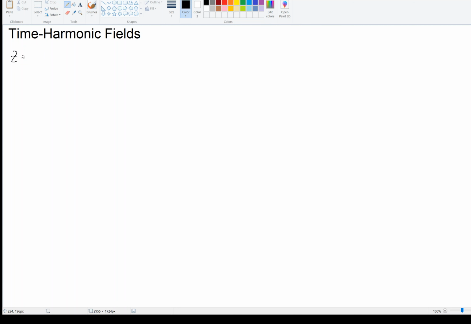If that's the case, I can write it as r e to the j phi, like this. And this phi is not related to cylindrical or spherical coordinates. This is just an angle phi. This is the exponential form of a complex number.